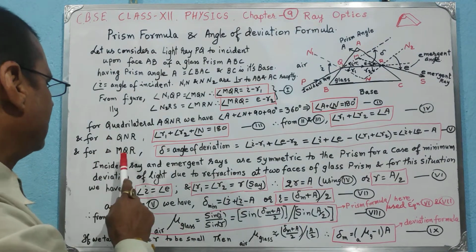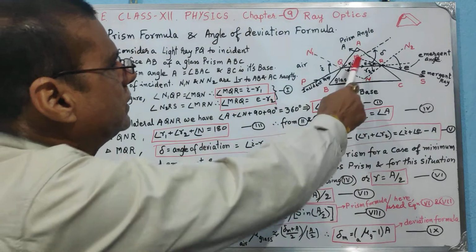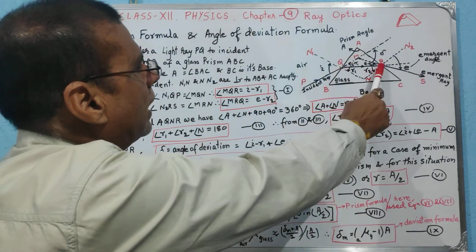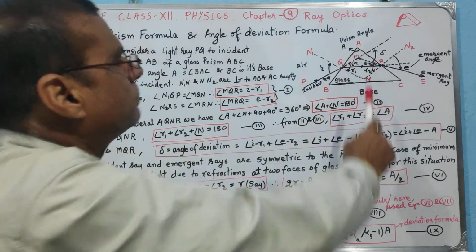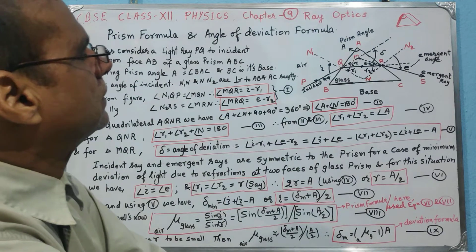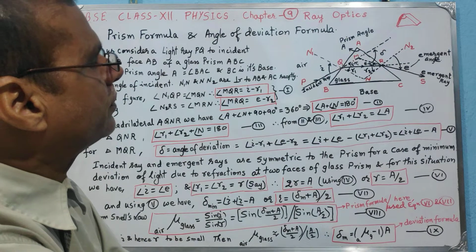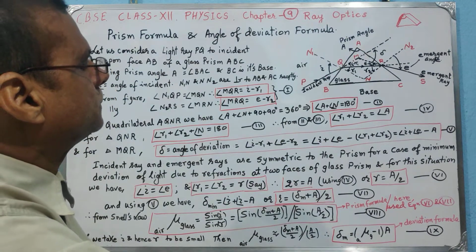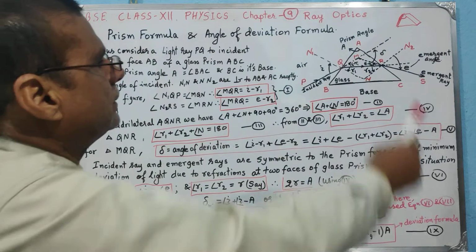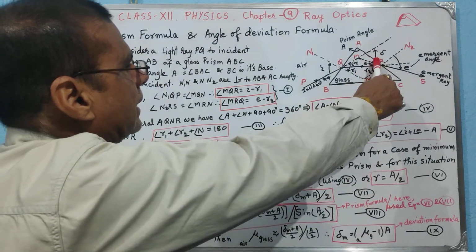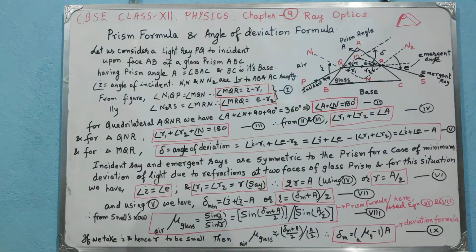Finally, from triangle MQR, the upper triangle, we see the exterior angle, that is the angle of deviation. What is the angle of deviation?